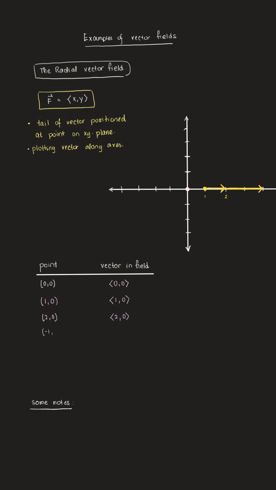So let's say negative 1, 0. Well, this is just going to be the vector negative 1, 0. And negative 2, 0 will have the vector negative 2, 0. So you get an idea of what's going on along the x-axis. Our vectors do seem to be increasing in length as we get further from the origin.